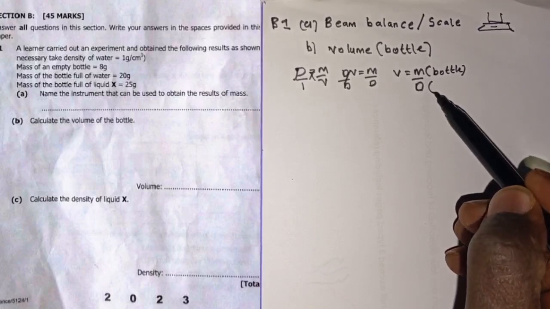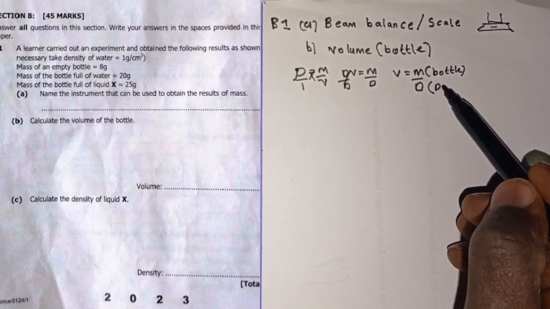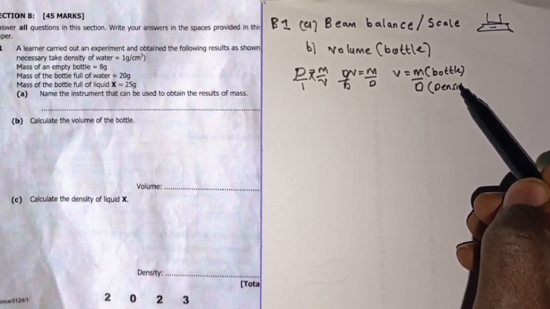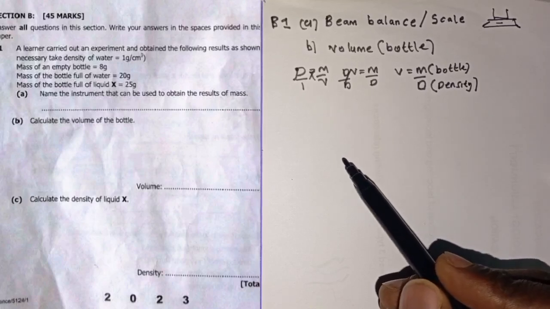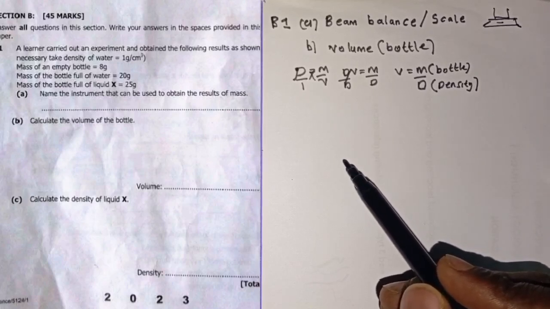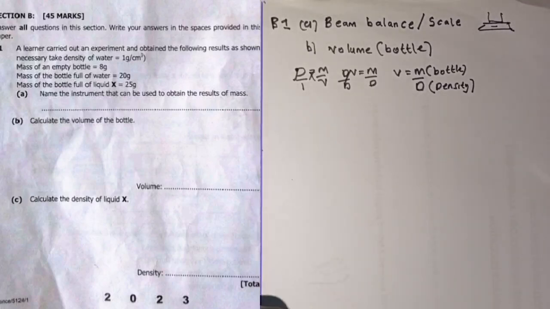So for the volume, we need the mass and also the density. Here the learner carried out an experiment and obtained the following results, where we take the density of water to be 1 gram per cubic centimeter. The mass of the empty bottle is 8 grams, the mass of the bottle full of water is 20 grams, and the mass of the bottle full of liquid X is 20 grams.